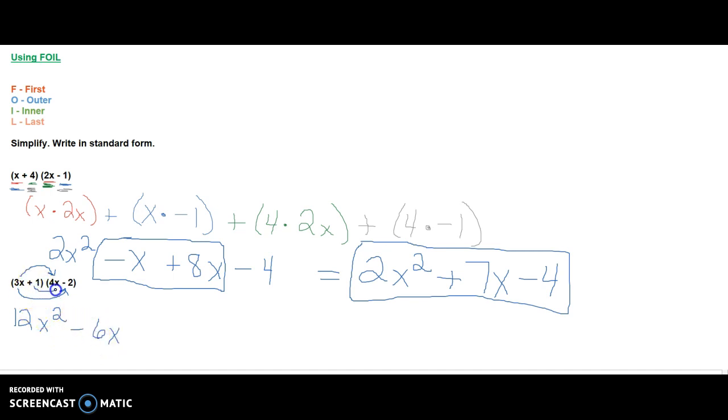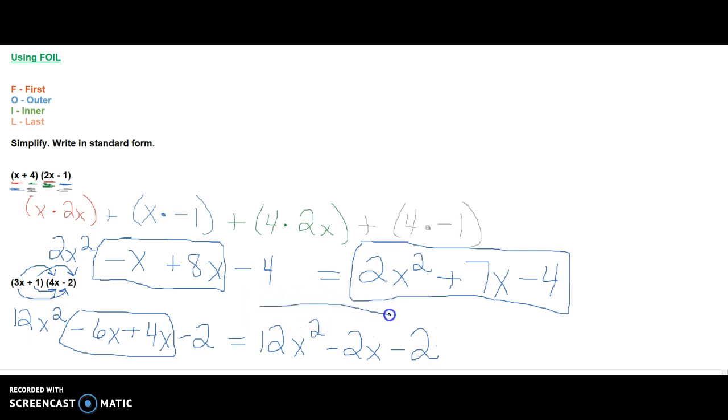Inner terms, 1 times 4x gives me a plus 4x. And last terms, 1 times -2 is -2. I can combine my like terms that are in the middle here, and we get 12x squared minus 2x minus 2.